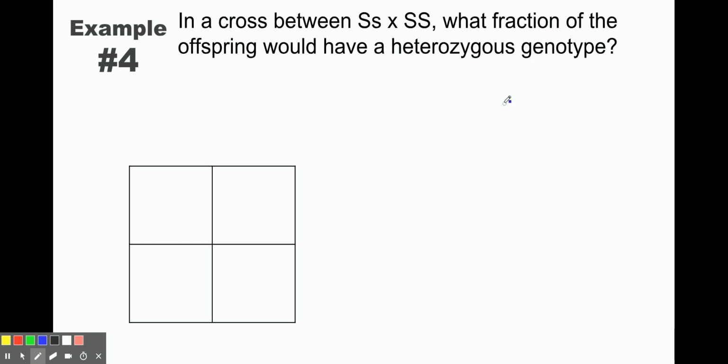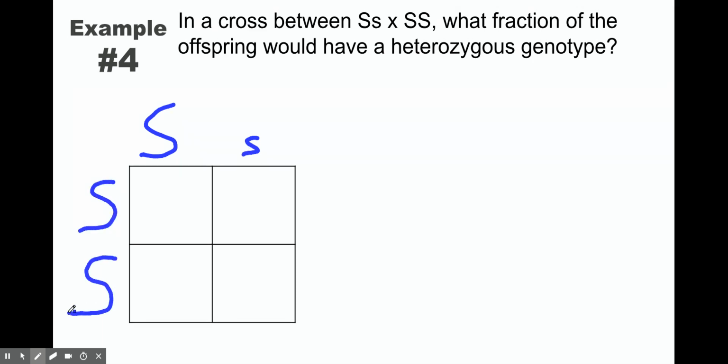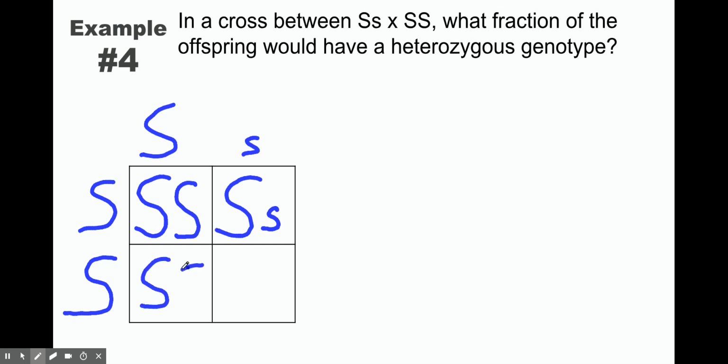Okay, so now we've got a cross between big S, little s, and then big S, big S. Upper left square, pull down a big and over a big. Upper right, we'll pull down a little and over a big. Lower left, down a big, over a big.